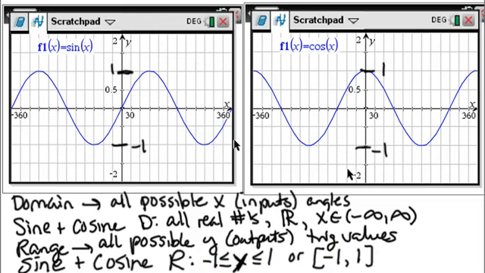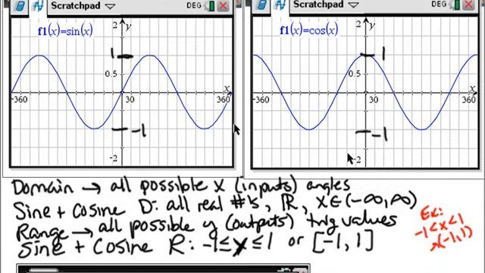If I wanted to say -1 is less than y is less than 1 and it's not included, then I would say -1 to 1 with a curved bracket. But we want to have the square brackets.